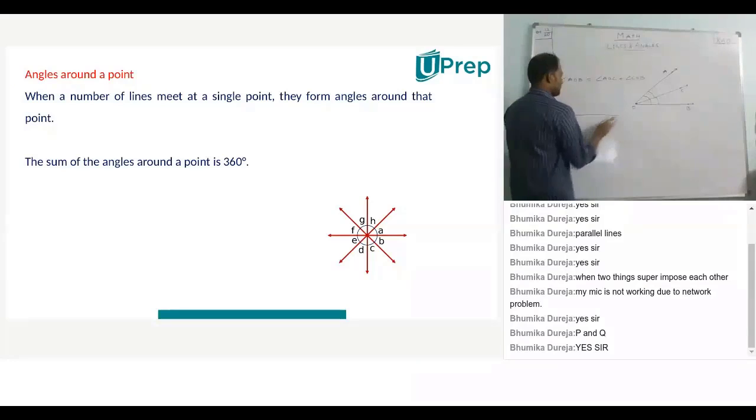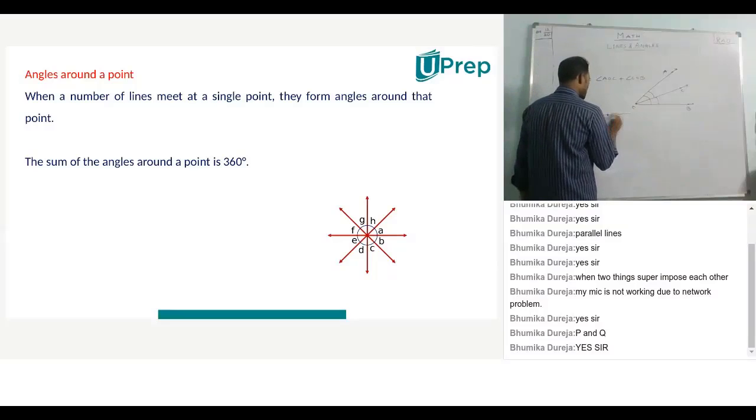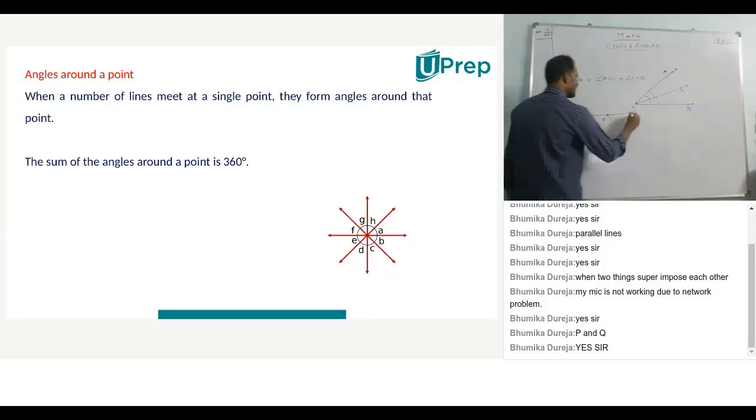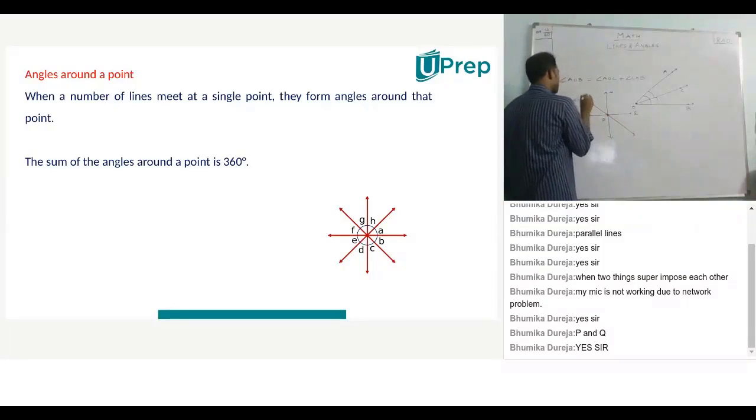So here, suppose we take a point P over here. Now I am passing a line through the point P. I'll name it L. Another line M. Another line N. Now here we got these many angles: 1, 2, 3, 4, 5 and 6.